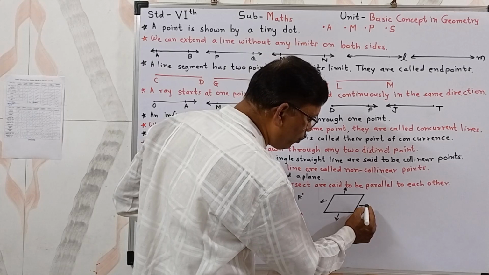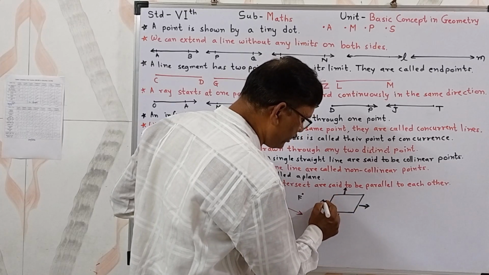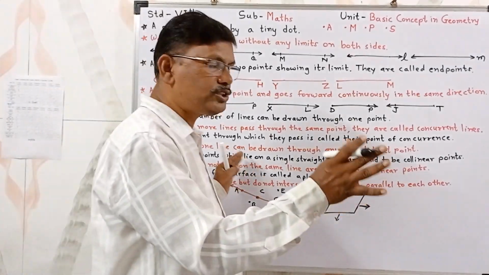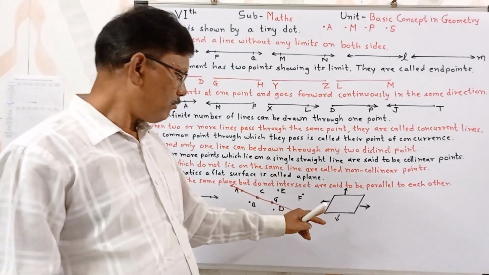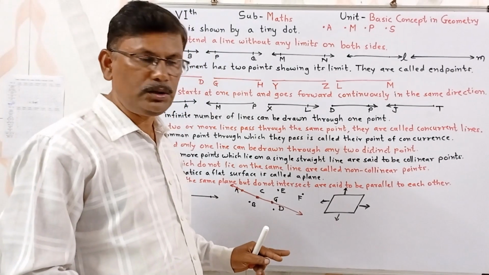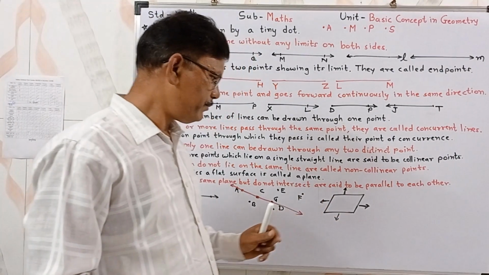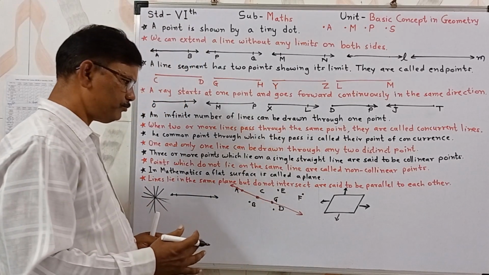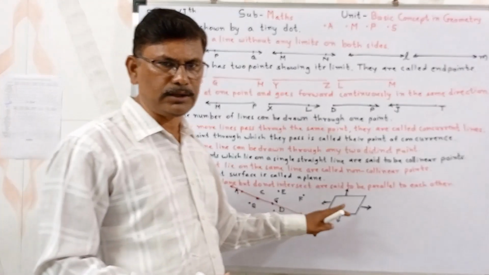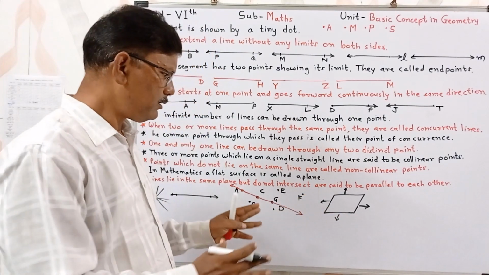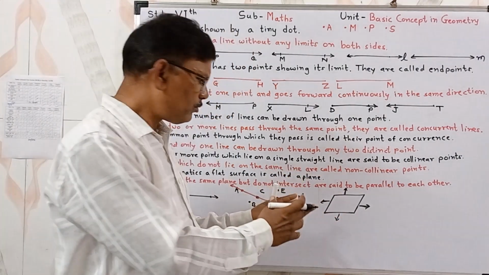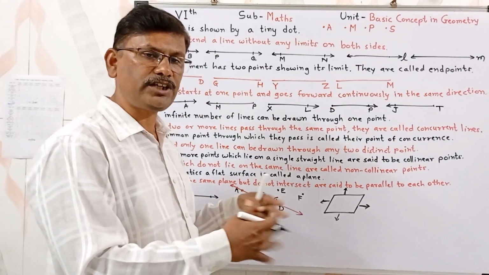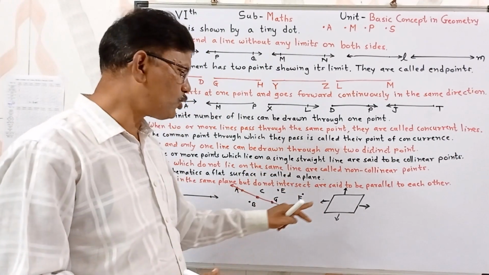The plane has 4 arrows, and each and every side extends continuously in that direction. Understood? That is called a plane. A plane extends at each side, meaning 4 sides. It extends continuously. That is called a plane.